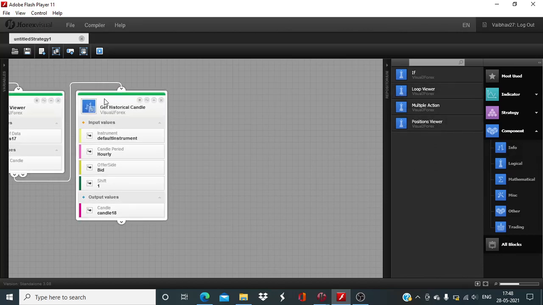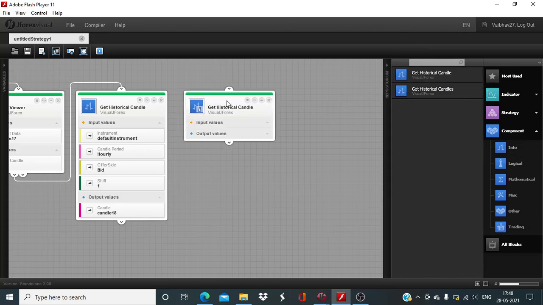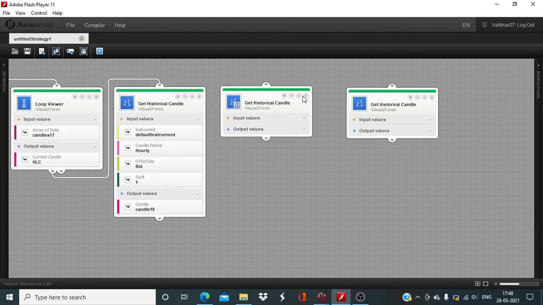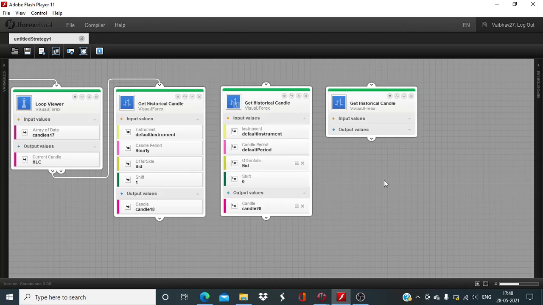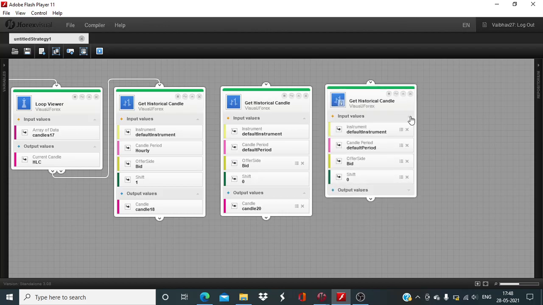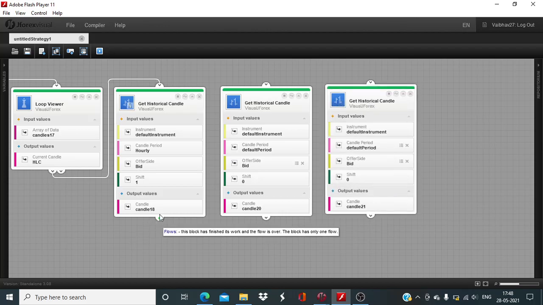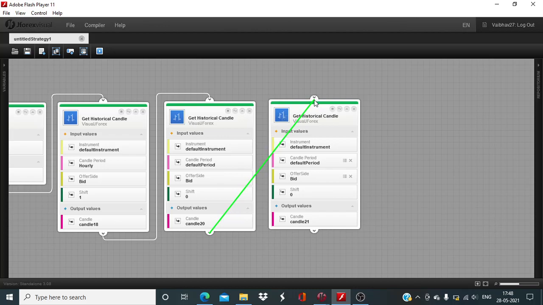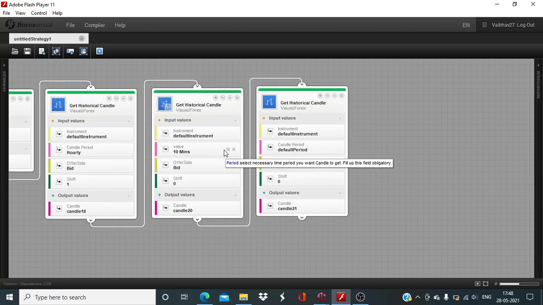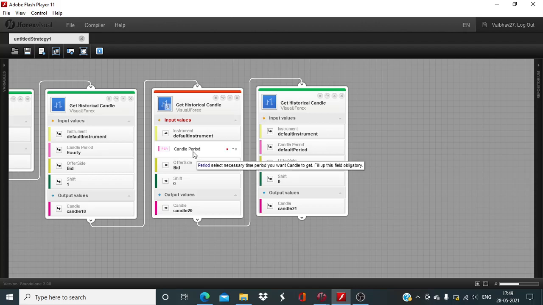We will need two more of these get historical candle blocks. Info. Will be changed to 10 seconds.